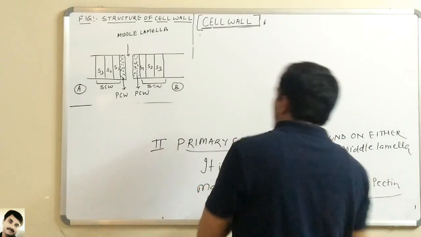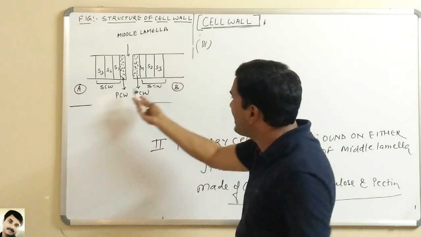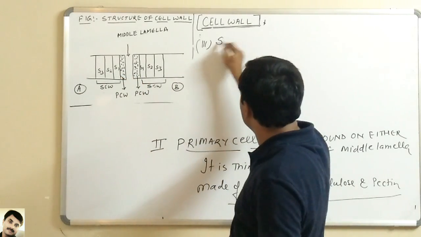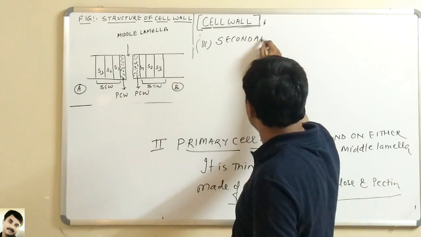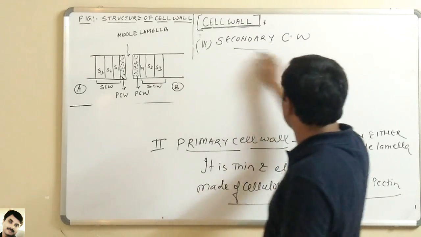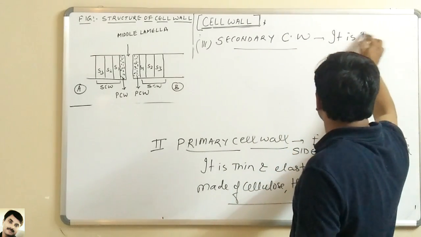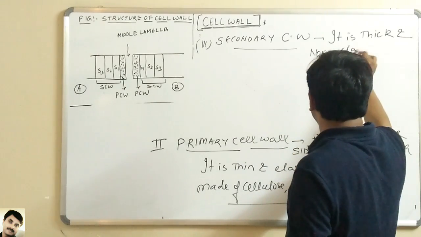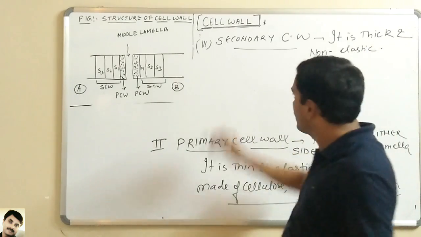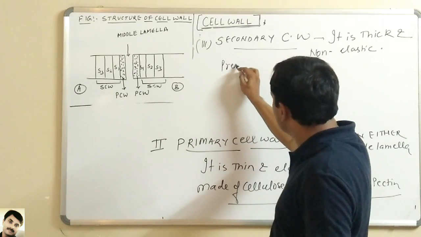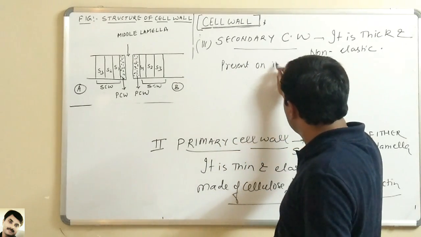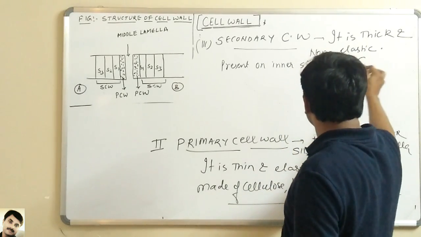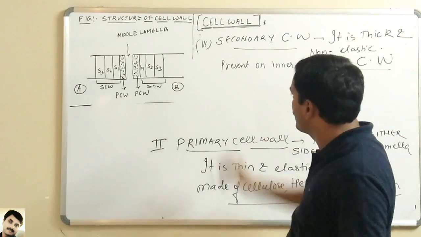Now coming to the third component, which you can see is present on the inner side of the primary cell wall, and it is called the secondary cell wall. It is thick and non-elastic, and present on the inner side of the primary cell wall.